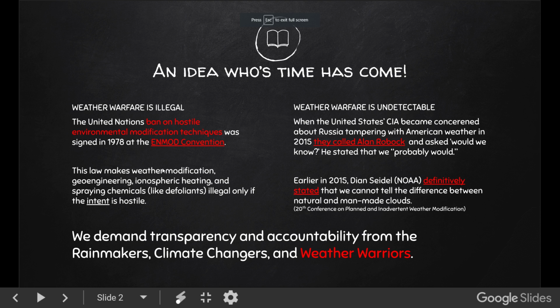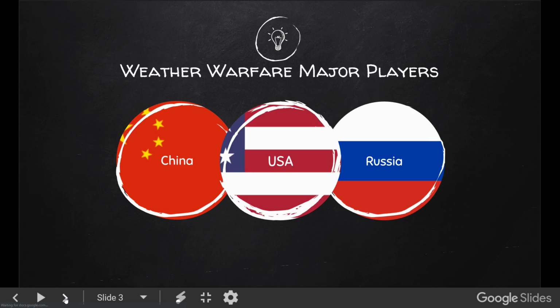So we've got a law on the books that says weather warfare is illegal. The dumping of chemicals, environmental modification. So not just weather warfare, it includes things like defoliants, like Agent Orange. We have to come up with a way to catch people in the act. That is the point of all of this.